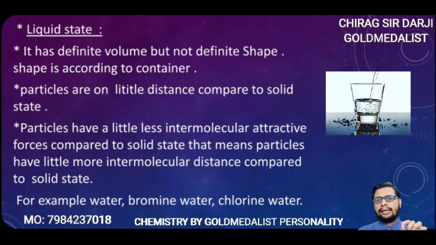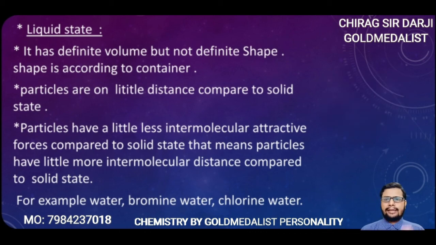It is according to the container or vessel. Next, particles have a little more distance compared to solid state. So we can say particles have slightly less intermolecular attractive forces compared to solid state, and slightly more intermolecular distance. Examples are drinking water, chlorine water, bromine water.